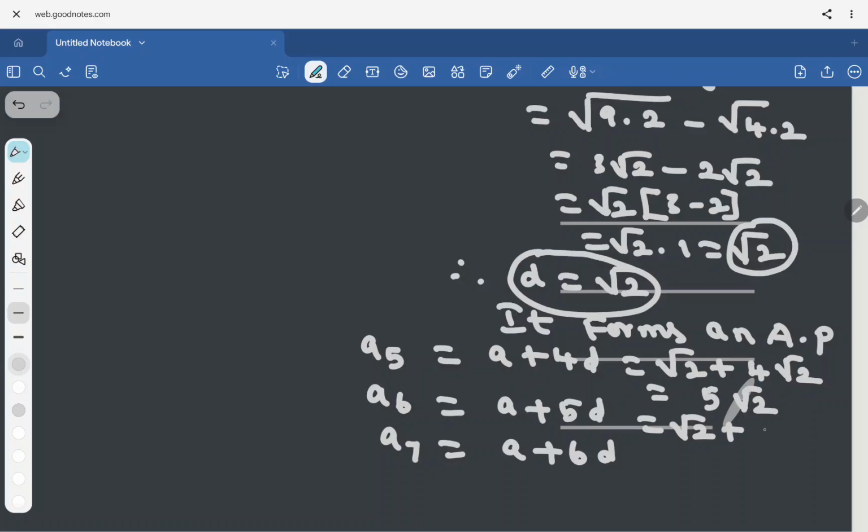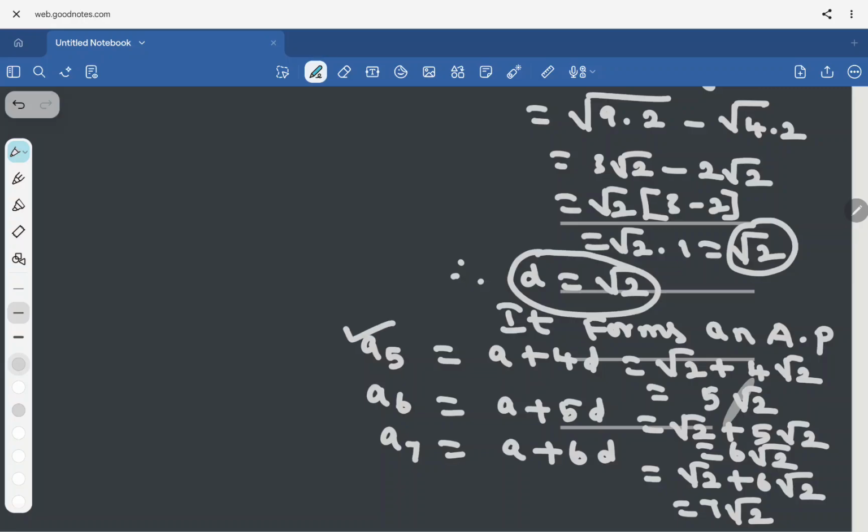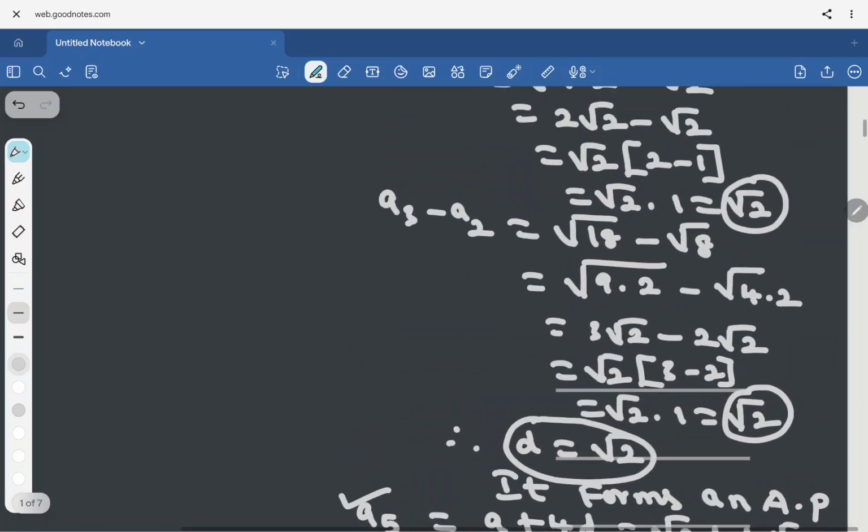Root 2 plus 5 into root 2, answer is 6 root 2. Root 2 plus 6 root 2, answer is 7 root 2. Here a5 is 5 root 2, a6 is 6 root 2, a7 is 7 root 2.